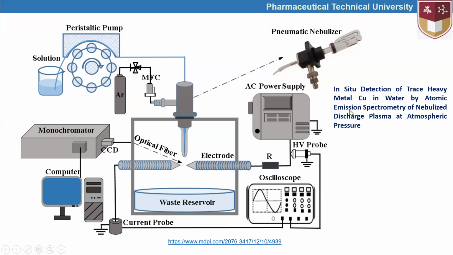What we can understand from this figure is that the liquid samples can first be nebulized and sent to the detecting place where the samples are turned into the plasma state, which is provided by argon atoms. So the emission of argon is excluded, and the presence of the copper atom can be identified.